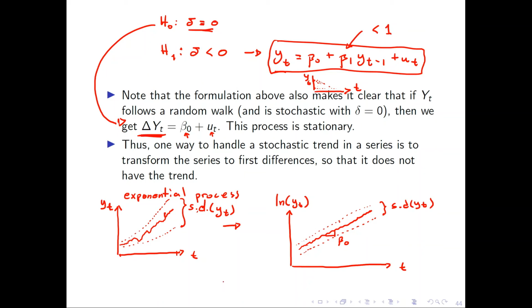So now you can use the model ln of yt minus ln of yt minus 1, which is equal to the difference in ln yt, and this is equal to beta naught plus ut.